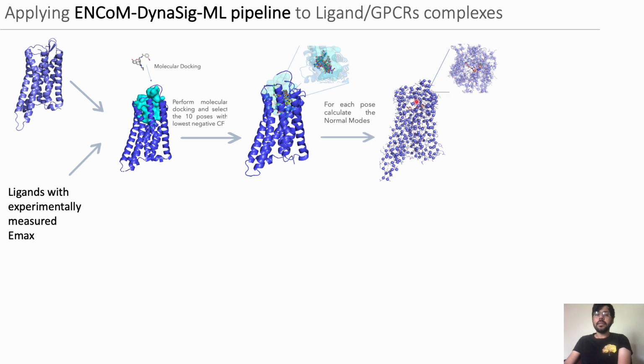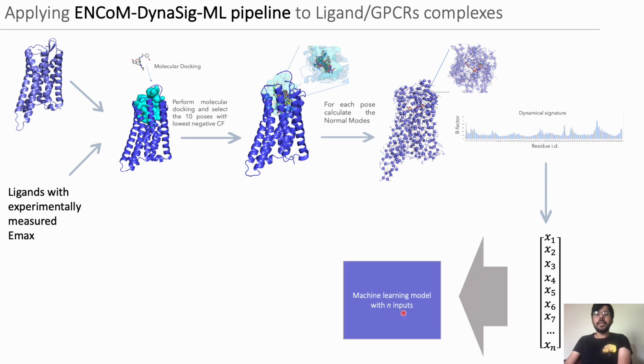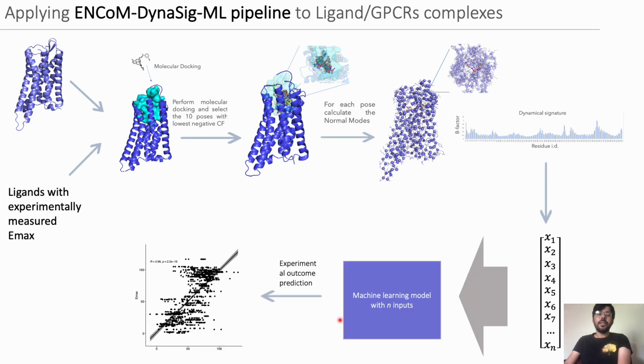We take into account the ligand as a node in our analytical model to calculate the dynamical signature of each of these complexes, and see if we can use these dynamical signatures, which are a vector of B factors that represent the flexibility of the protein at each residue, to train a machine learning model to predict this Emax that we already know.